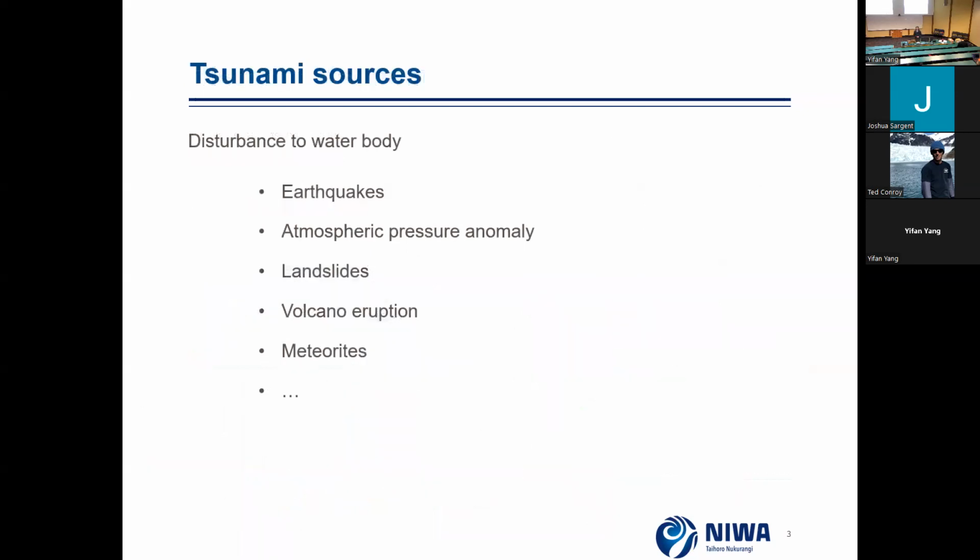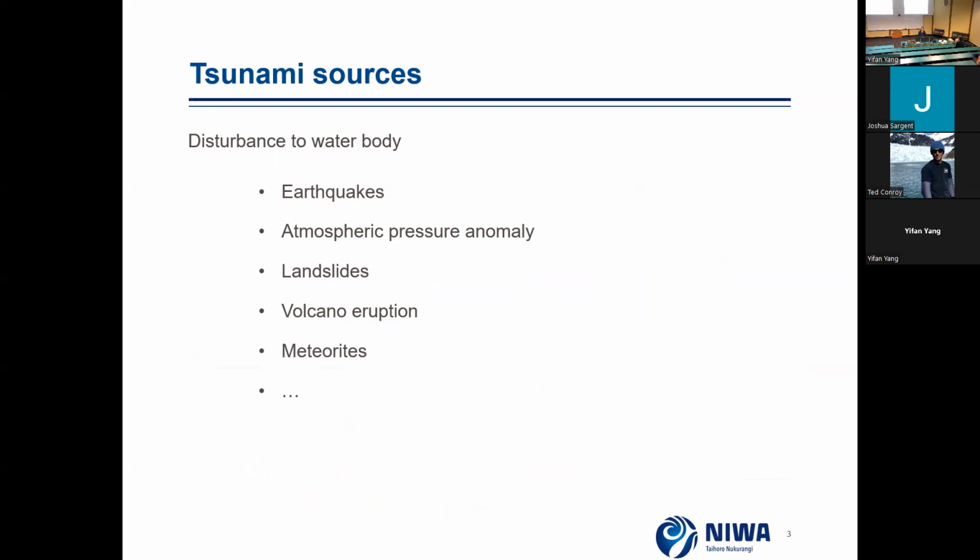So there are different sources of tsunamis. When a water body like the deep ocean or lakes is disturbed by different sources, it can cause a tsunami, big or small.